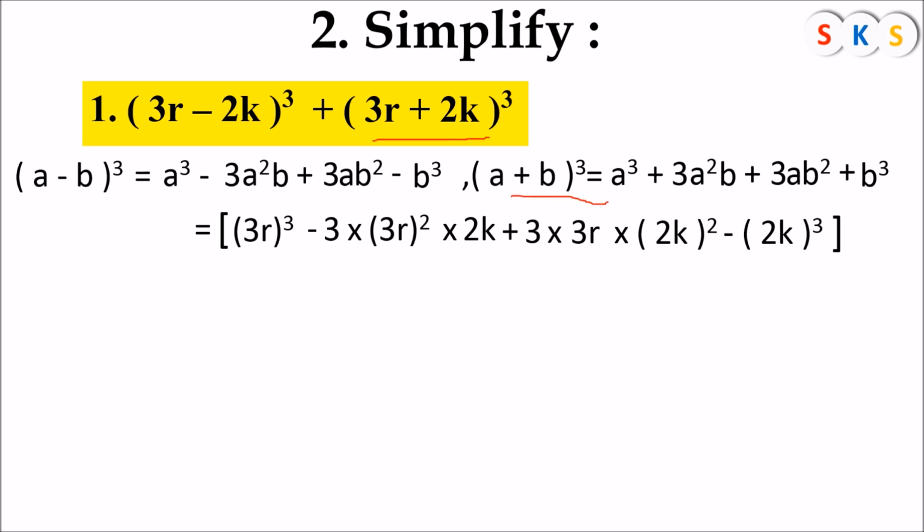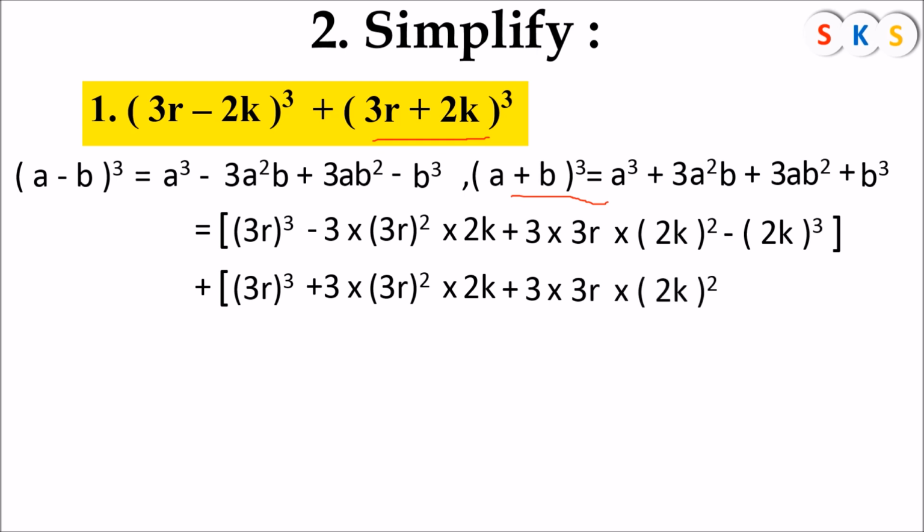So what we will get? A cube, that is 3r the whole cube, plus 3 into a square, that is 3r the whole square, into b, that is 2k, plus 3 into a, that is 3r, into b square, that is 2k the whole square, plus b raised to 3, that is 2k the whole cube.